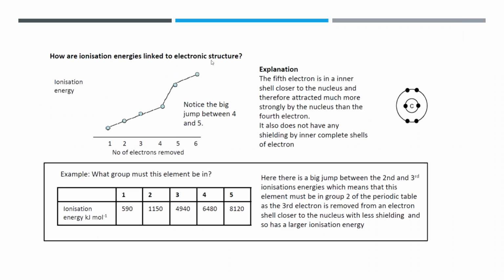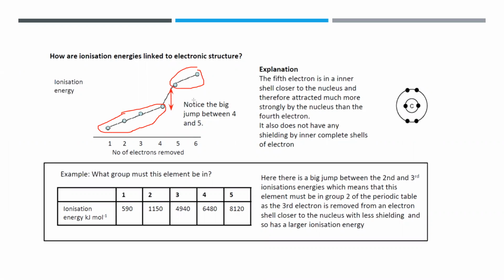So here you can see first ionization energy linked to electronic structure. These are the 4 electrons removed. Then you observe a jump. When you observe a jump, you can identify that there's a greater jump between the 4th and the 5th. So which group does this element belong to?